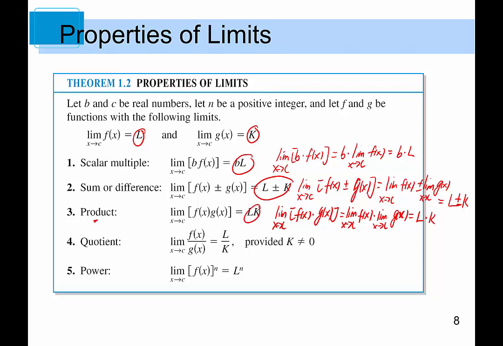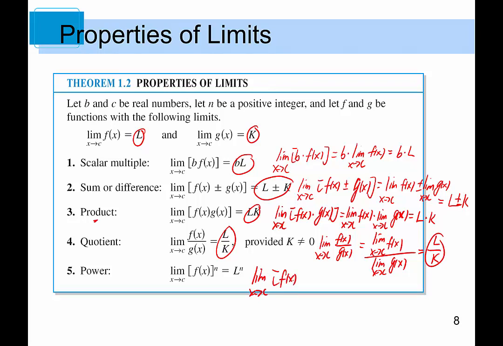Similarly for quotient, right? You can just separate into two limits, one on top, one on bottom. So limit x approaches c for f of x on top divided by limit x approaches c for g of x, and it becomes L over k. Okay, that's simple. Exponents, you can just turn it like this.